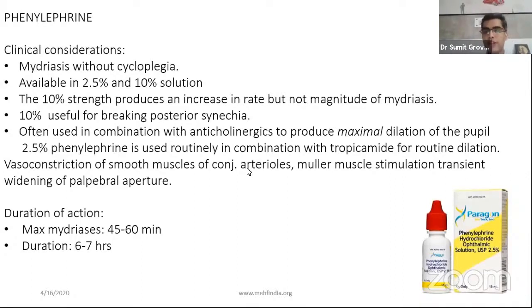It also has a transient effect on the Mueller muscle. It causes stimulation and a transient widening of the palpebral aperture. Maximum mydriasis occurs at 45-60 minutes and can last up to 6 to 7 hours after application.